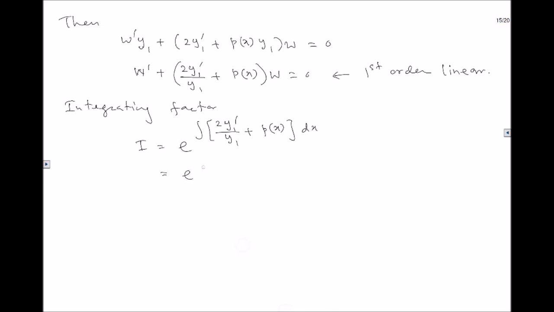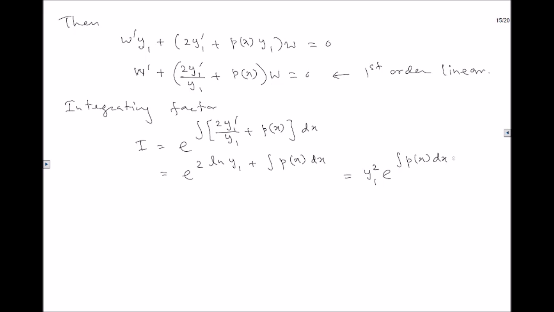So it is e to the 2 times ln y1 by the chain rule, because we already have the derivative of y1. So by the chain rule you can go backward and write 2 ln y1 plus the integral of px dx. Now you can simplify. If you look at the first term, this is simply y1 squared, so this becomes y1 squared e to the integral of px dx.